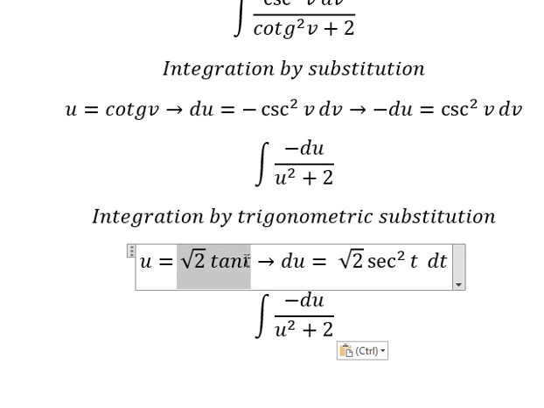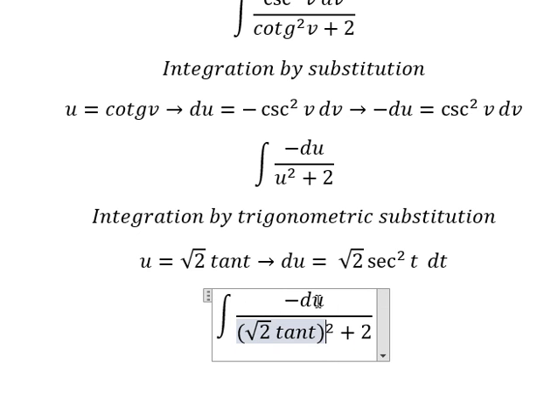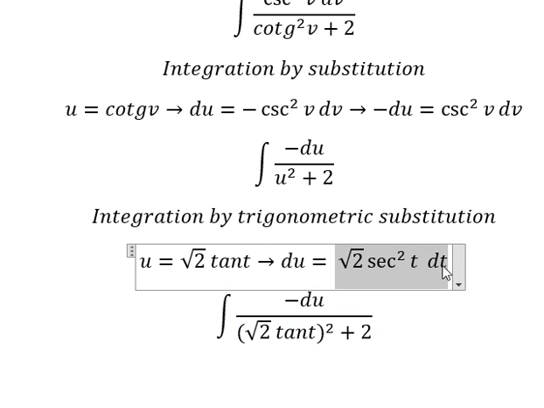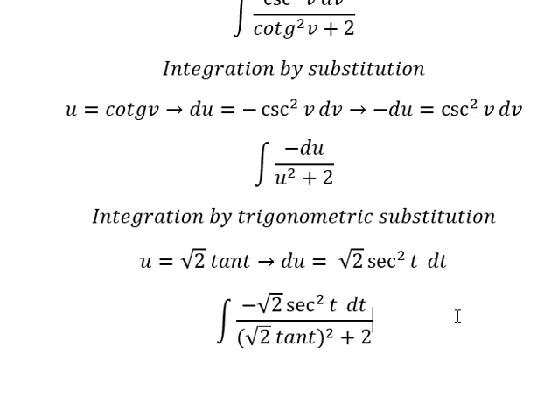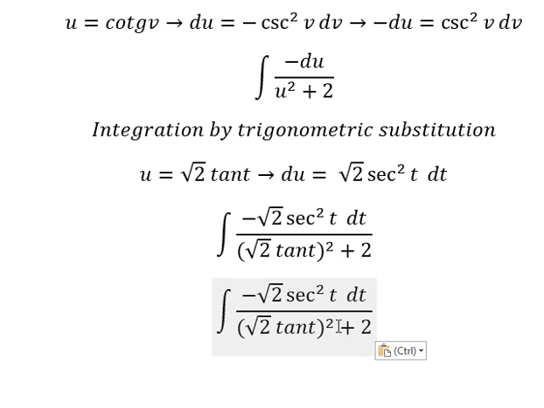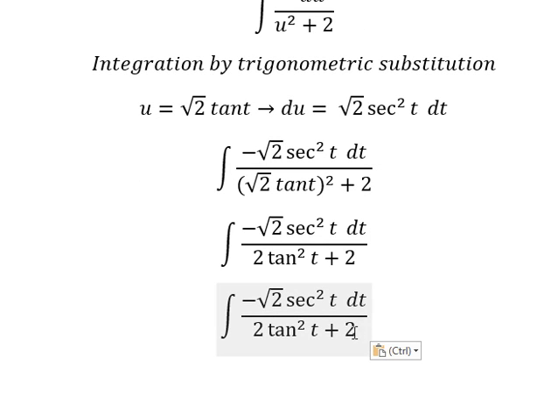So we put this one go in here. Du we change for this one. So this one we change for 2 tan t square. Number 2 and number 2 we can do about factorization.